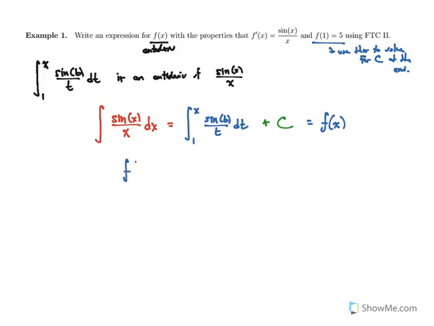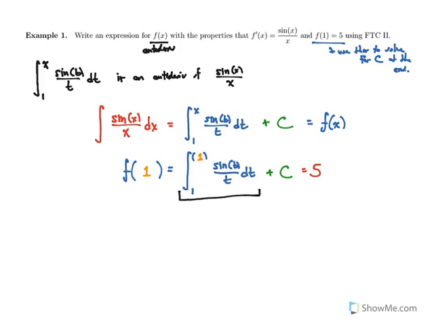So if I want to find f of 1, the integral of sine of t over t dt plus c, I'm going to set that equal to 5. So sine of 1, plugging in for x, will give me 5. So let's do this integral here.